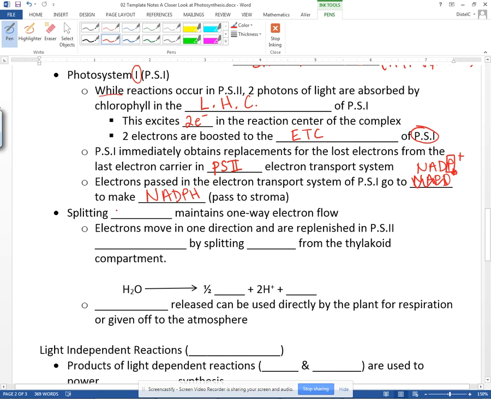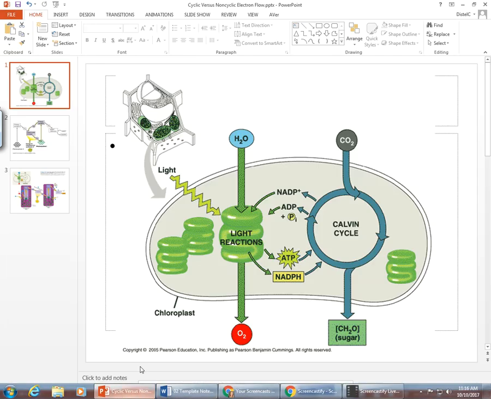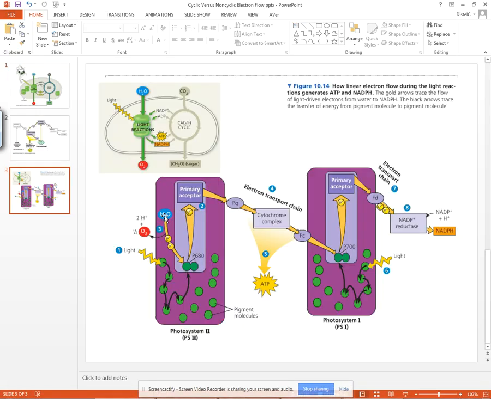Like I said before, when that water molecule splits, it maintains electron flow in one direction. Because electrons move in one direction, we want to replenish the electrons in photosystem 2's reaction center by splitting that water molecule. Like I said, going back to this picture, here comes the water, split it, electrons are donated here. So when they get boosted, they can't fall back because these electrons come in and take their spot.